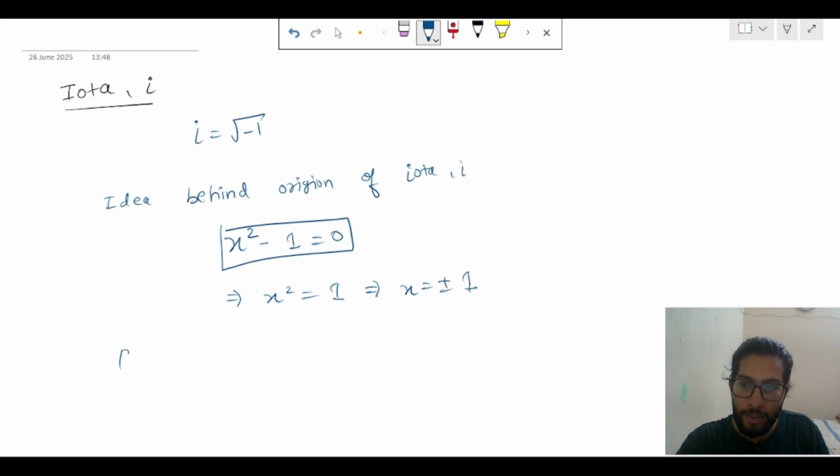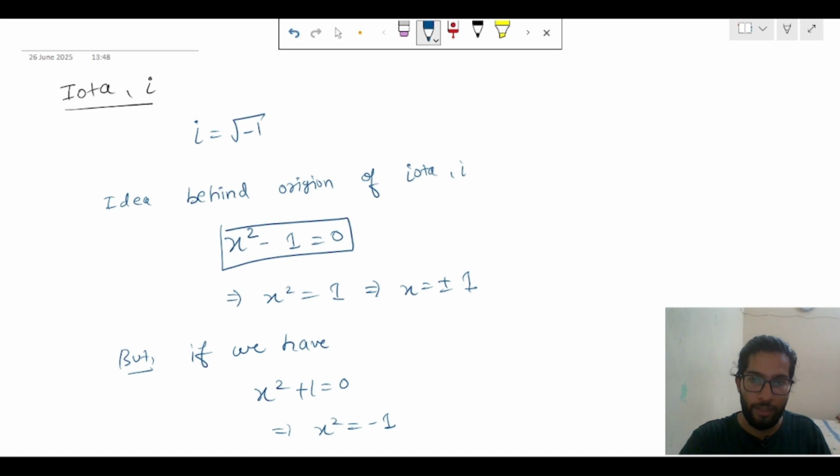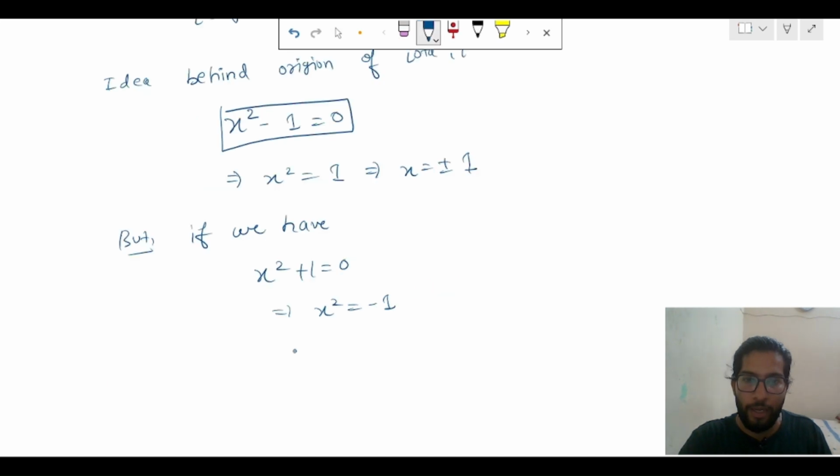But if we have x square plus 1 is equal to 0, which means x square is equal to minus 1, and after that we will get x is equal to under root minus 1. So this is our problem, how we can solve this type of numbers.